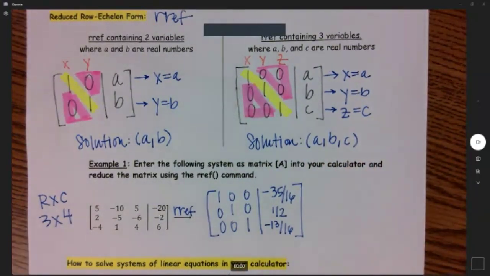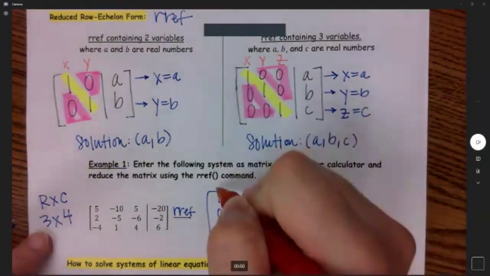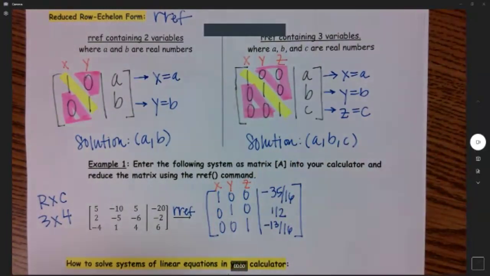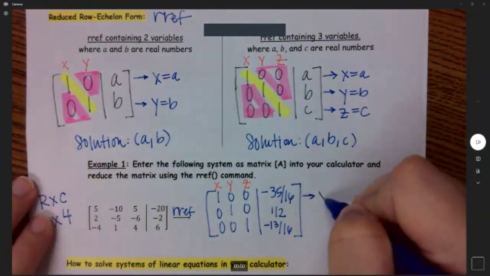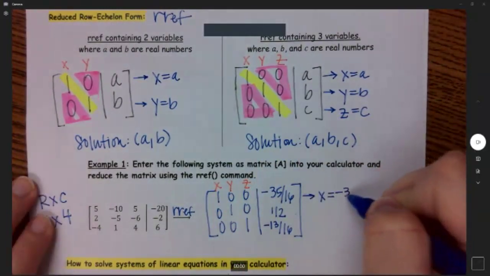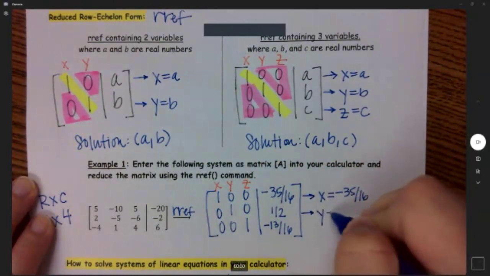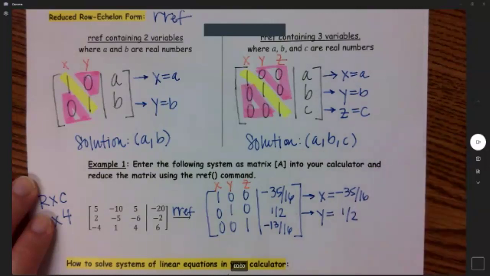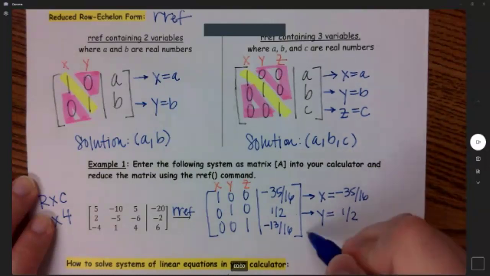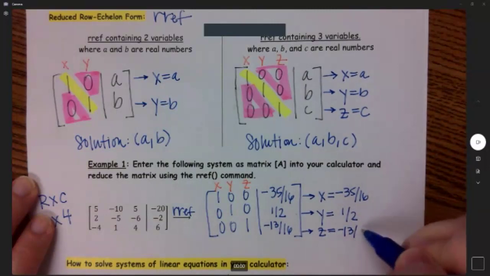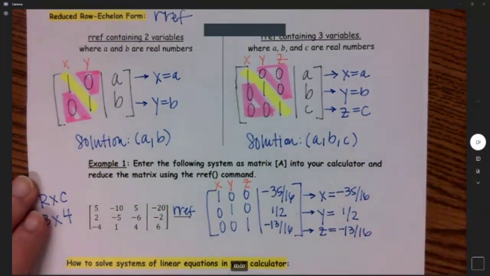So this tells me all of my answers, right? If this is my X column, my Y column, and my Z column, this first equation is X equals -35 over 16. This one is Y equals 1/2. And my third equation is that Z equals -13 over 16.